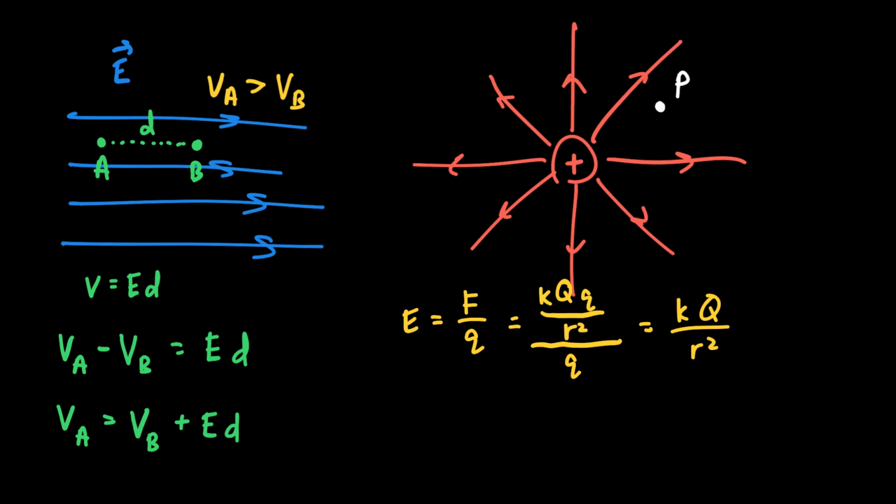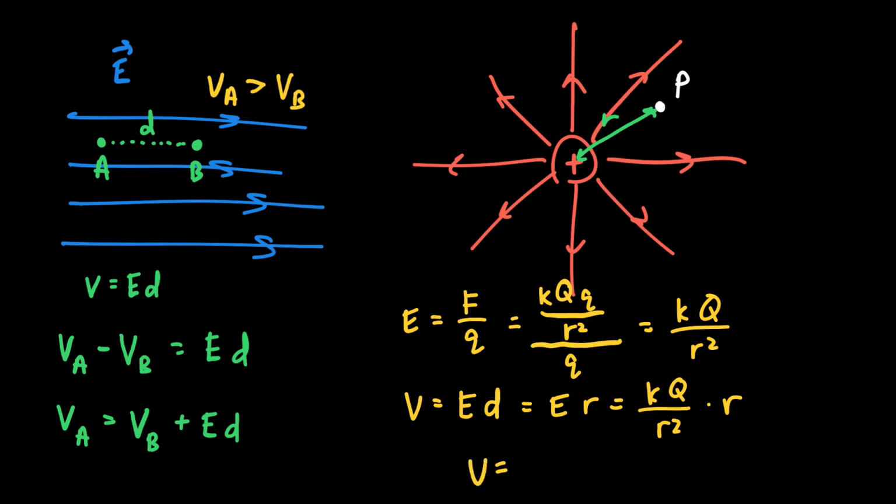And in this video, we've defined potential as being the electric field times the position in that electric field. And so in my picture up above, if point P is a distance R away from the source charge, then the electric potential then is the electric field times R, or K times Q divided by R squared times R. And so therefore the electric potential at any point around a point charge, V, is equal to K times Q divided by R.